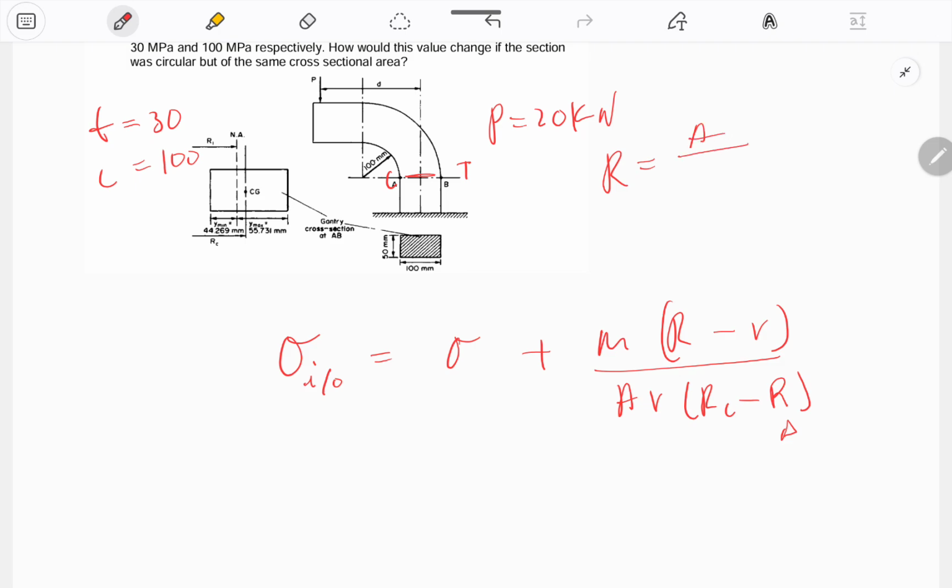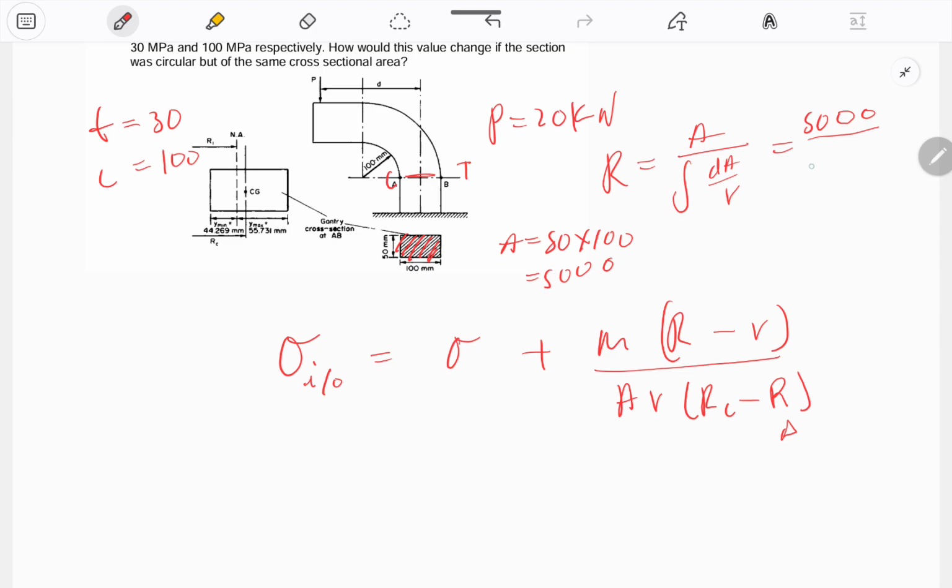It's the area all over the integral of dA over r. We want to find the area, which is the cross-sectional area, 50 by 100. Then we put it there all over the integral.